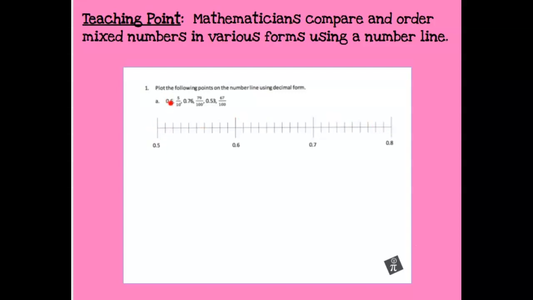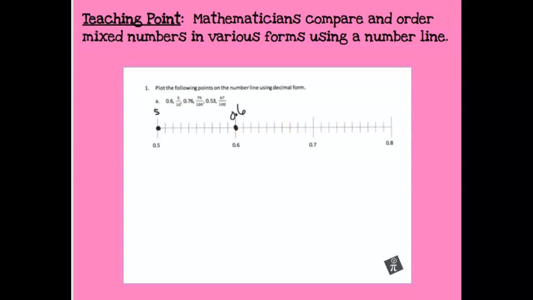So 0.6, you can see it right here. Since we see that this is 5/10, 6/10, 7/10, that means these little lines in between the tenths are hundredths. That's important for us to see. We see that 5/10 goes right here.